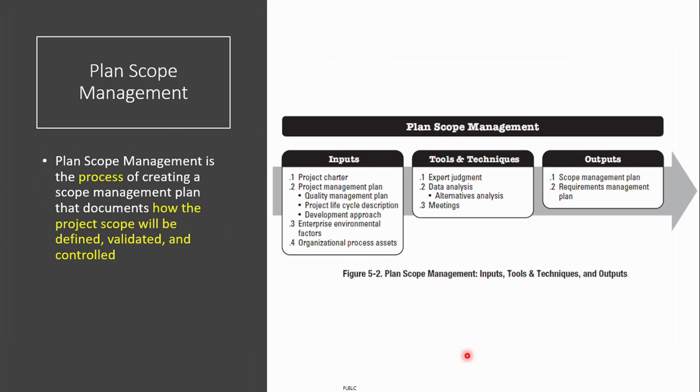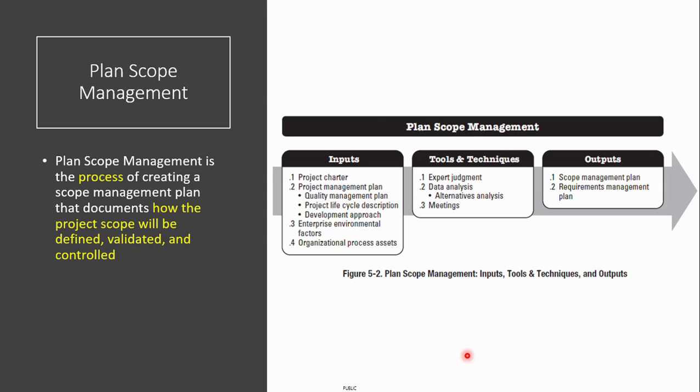The plan scope management process is where you try to define how the project scope will be defined, and how the project scope will be validated and controlled.